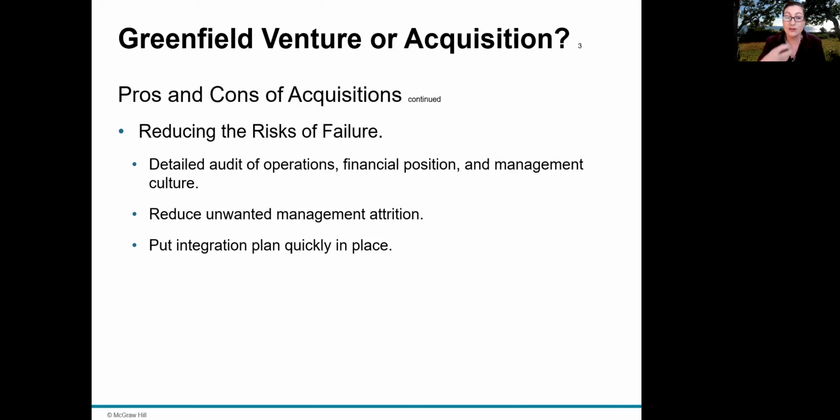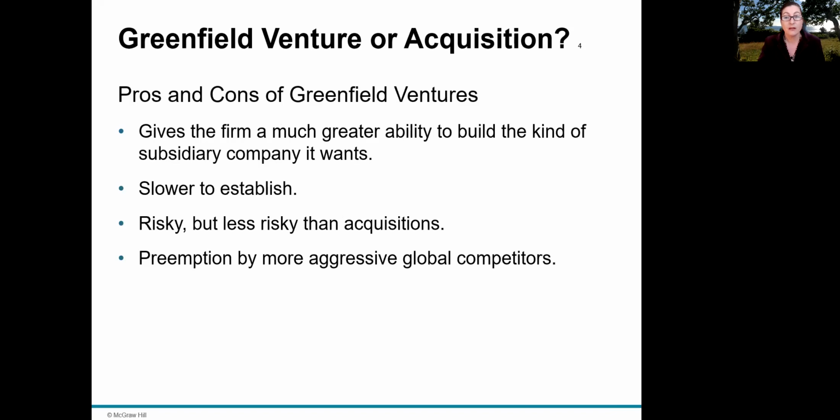And they know how to integrate, bringing an acquired firm in quickly. Other than an acquisition, a wholly owned subsidiary can also be a greenfield venture. And this is where the firm has much greater ability to build the kind of organisation and operation that your organisation wants.